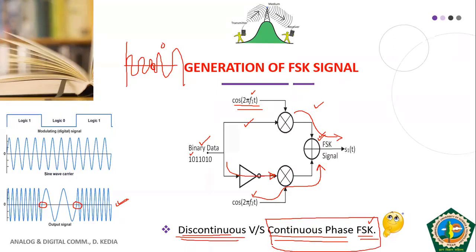Now the question arises: how do we generate continuous phase FSK? Students, it is very, very simple. All of us have studied FM, that is frequency modulation. In FM we had an FM modulator.